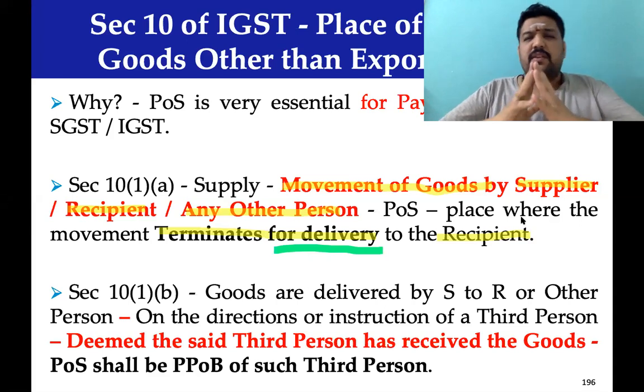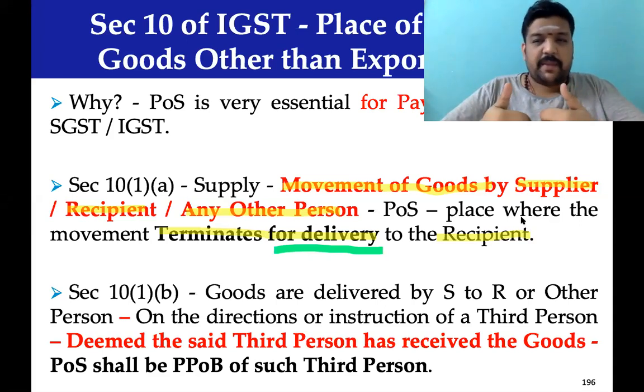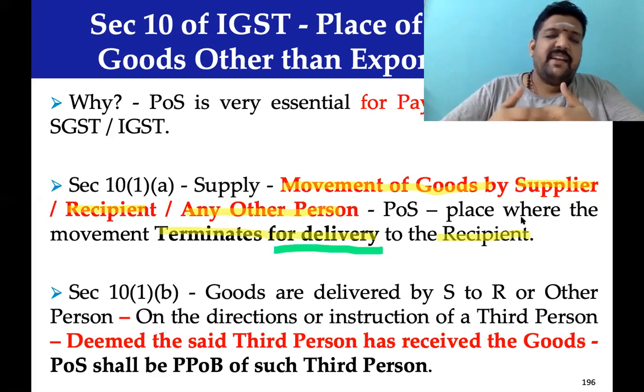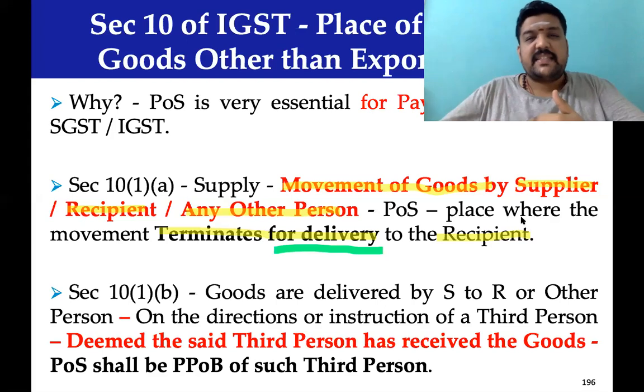For the same question, you all rightly identified place of supply. Can you come up with a nature of supply? Will it be an intrastate supply or an interstate supply?